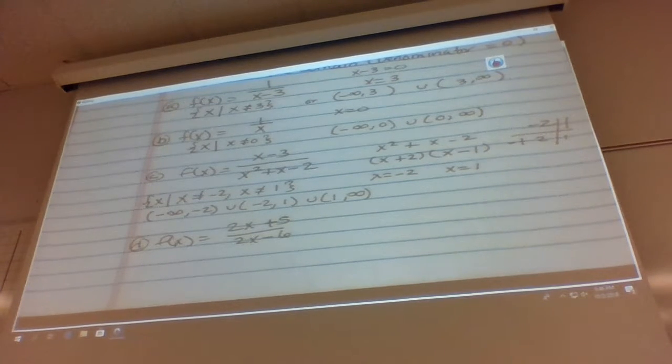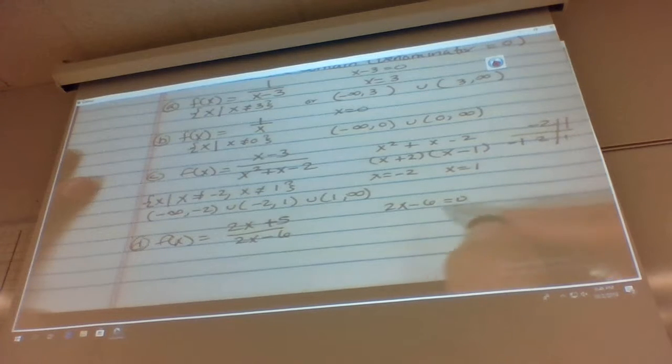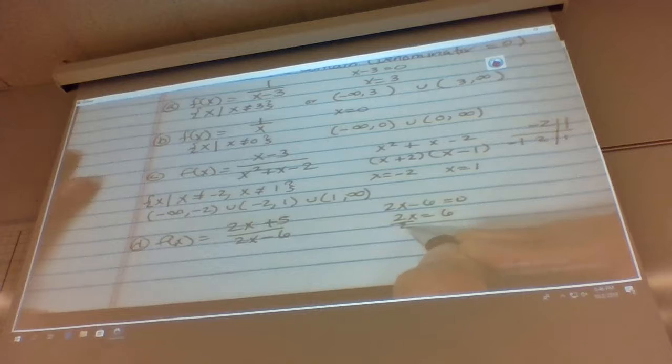So your denominator, what can you factor out? Okay, so we solve for x. 2x is 6, we divide by 2, then x is 3. So x is not equal to 3, and negative infinity to 3, union 3 to infinity. So that is you finding the domain.